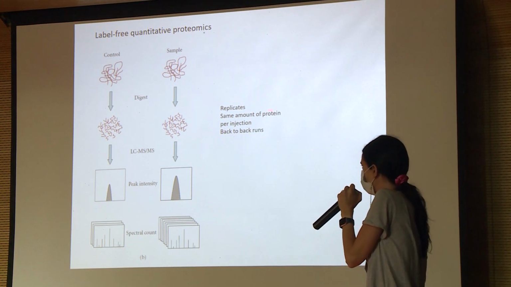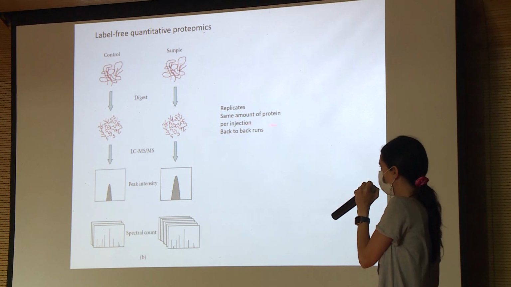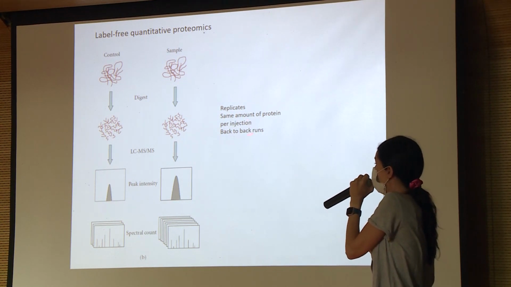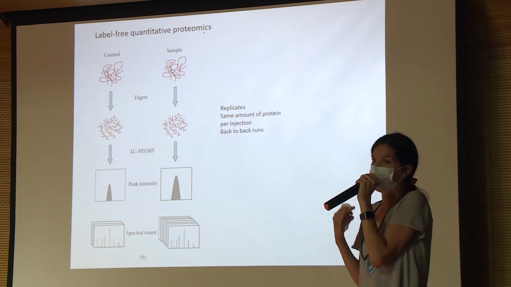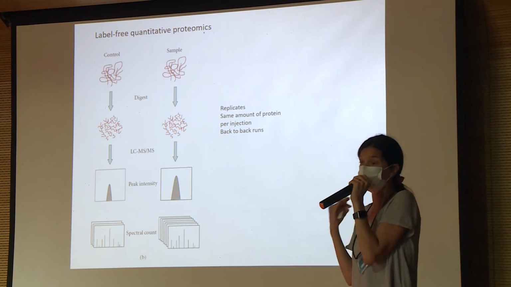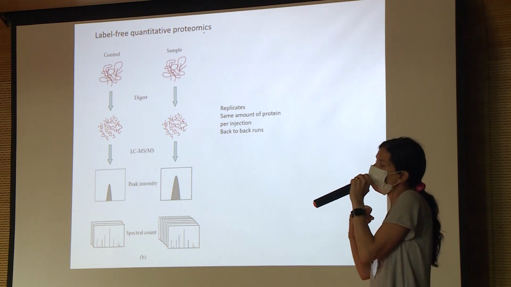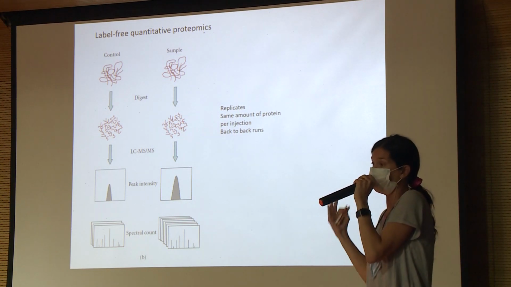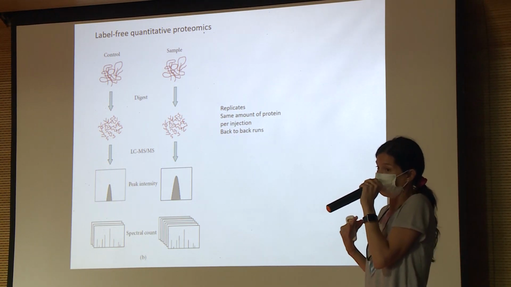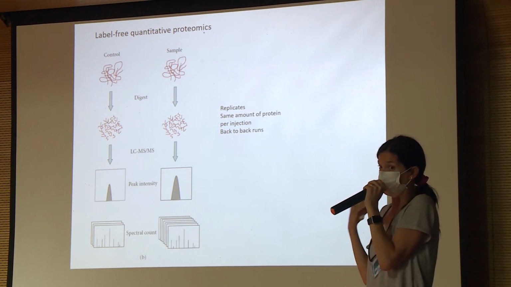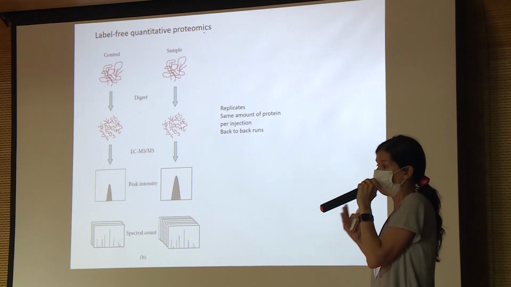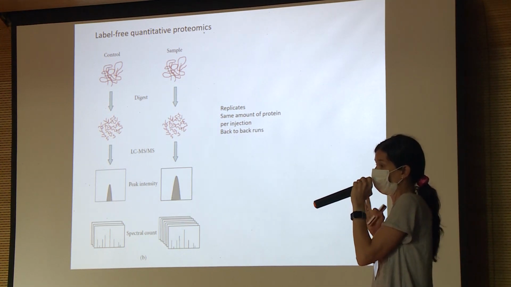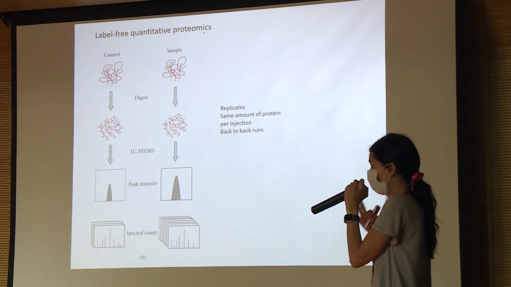So it's very important that you're sure that you have the same amount of protein per injection, and you have to perform back-to-back runs. That is, you have to run one experiment after the other, and you cannot do 1,000 conditions, because if it takes more than 3-4 days, the performance of the instrument will change for sure, so they will not be comparable. So you are sometimes limited in the number of things that you can compare.